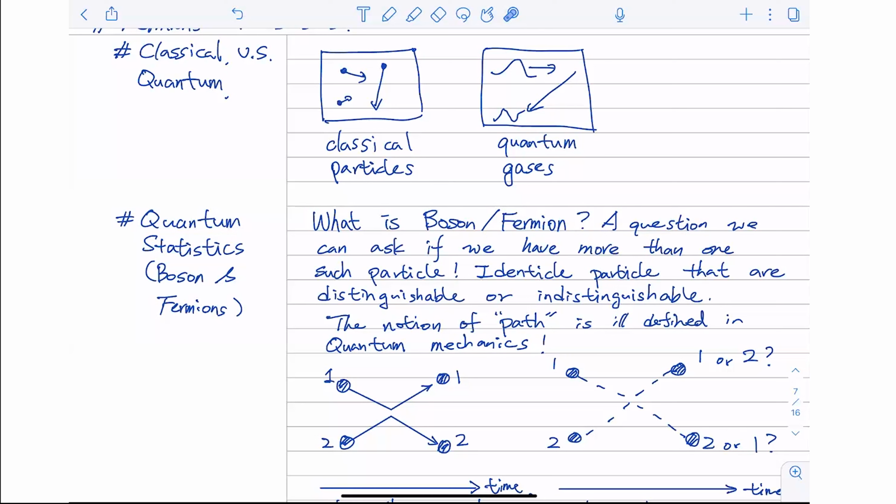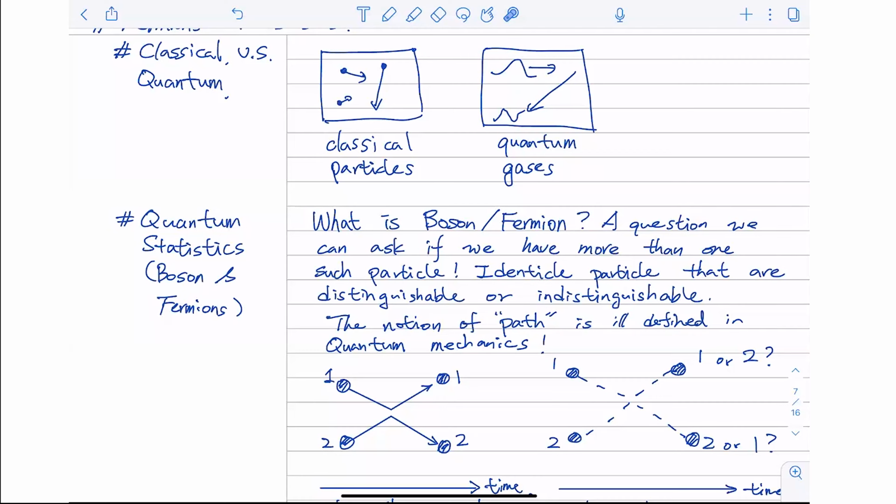Okay, so what exactly is boson or fermion? Where did they come from? The question we should ask is actually quite simple. If we have more than one such particle, at least we need to have two of them. Here we always focus on identical particles. Identical particle means that the intrinsic properties of these particles should be the same. What do I mean by intrinsic property?